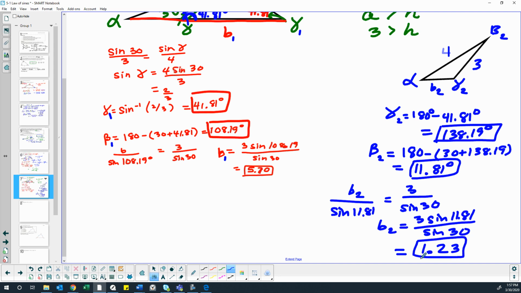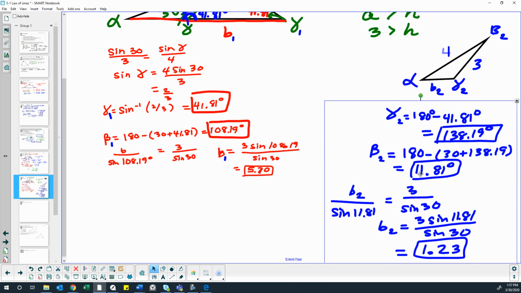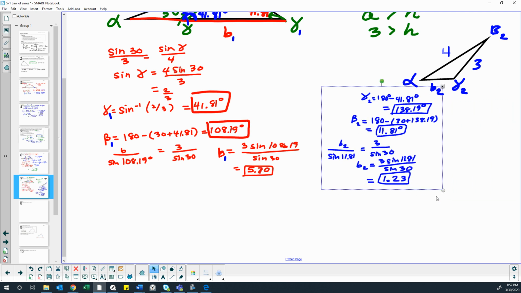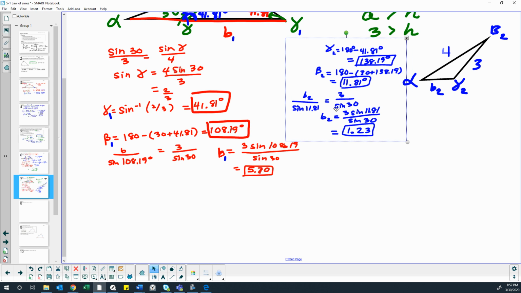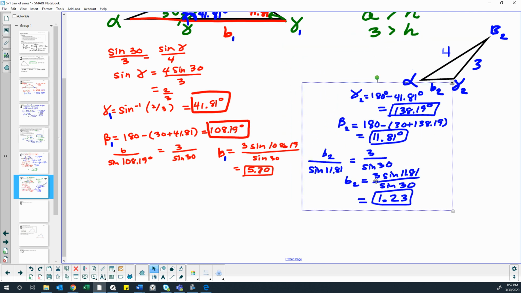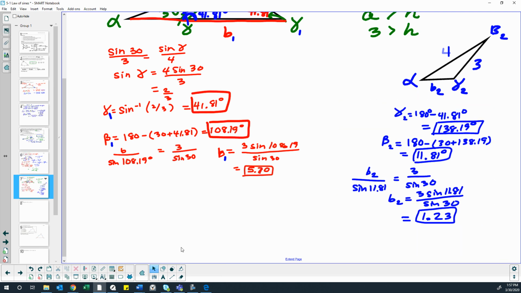There's our second triangle. How do you feel about that?